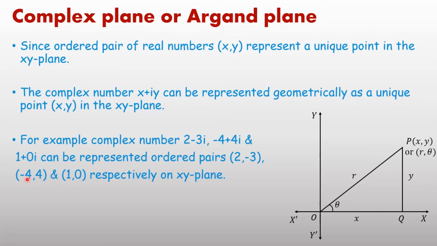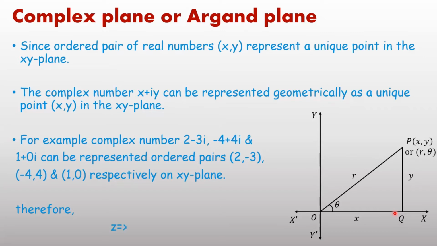Here in minus 4 comma 4, minus 4 represents the real part of the complex number, which is on the x-axis or the x coordinate, and 4 is the imaginary part, the y coordinate of the point. Therefore, the x-axis is known as the real axis and the y-axis is known as the imaginary axis.